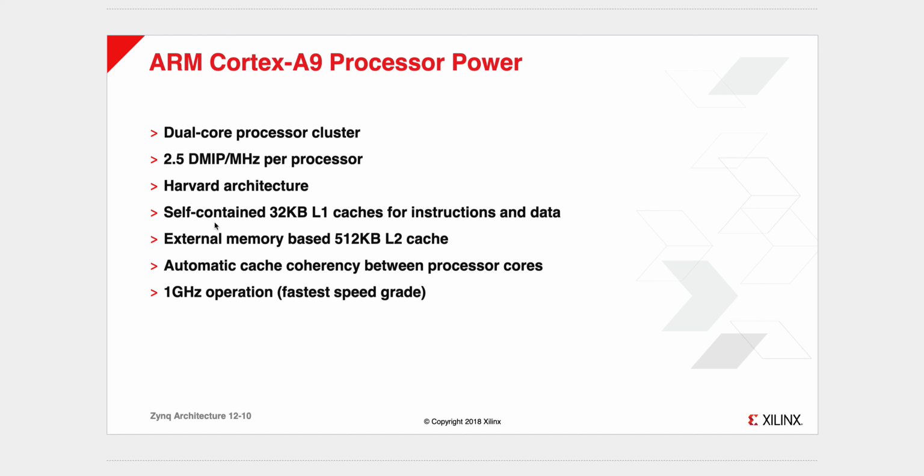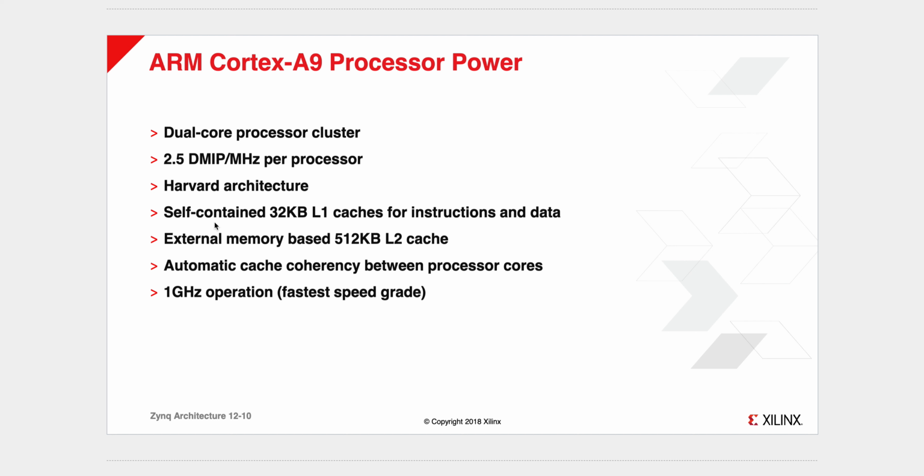So the tasks can be executed in a parallel manner, improving the efficiency and performance for multitasking and complex operations. So we need a dual core processor cluster to have two processing cores.